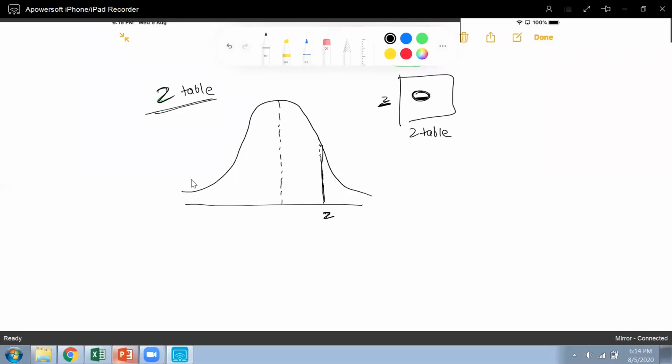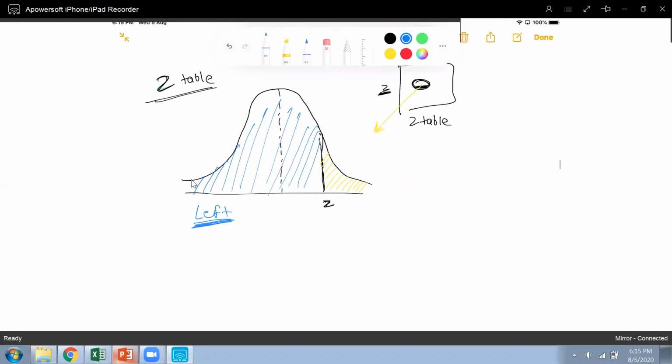What will this value represent? Will this value represent this blue region, or this yellow region? Blue region, sir. Correct. It tells from the left hand side.